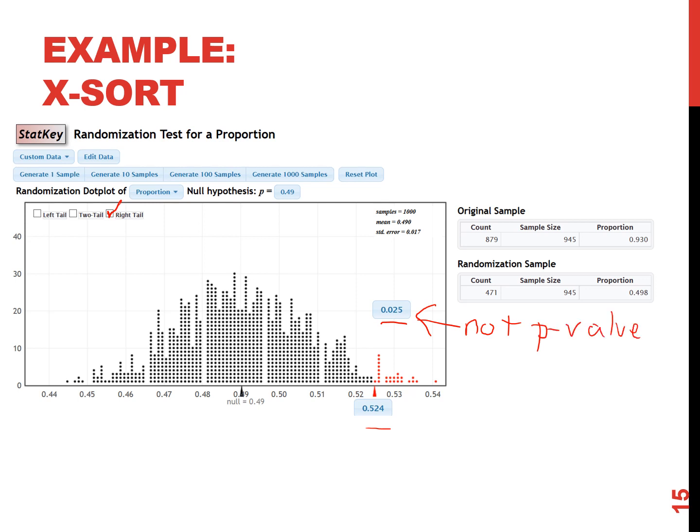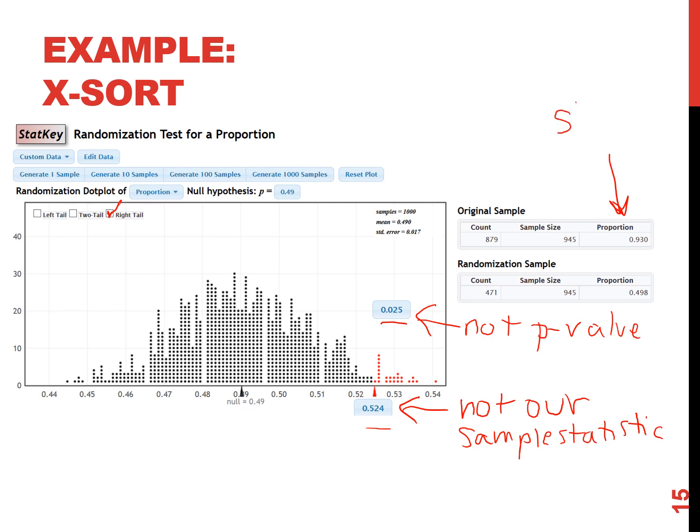The reason that it's not going to be our p-value is because the p-value is the chance of seeing our original sample proportion or something more extreme in this distribution. And this is not our sample statistic. In order to find the p-value, I want to start the tail at the observed sample proportion from the original sample.